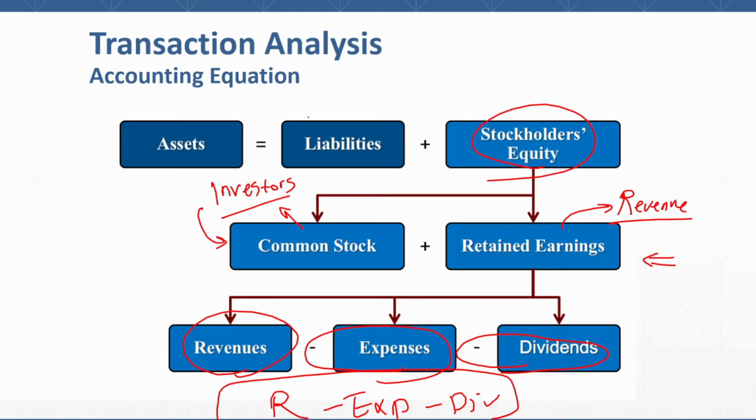I can rewrite this formula in an expanded form. Assets equal liabilities plus, instead of equity, I want to write down its components, common stock plus retained earnings.